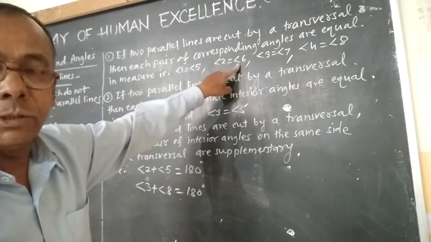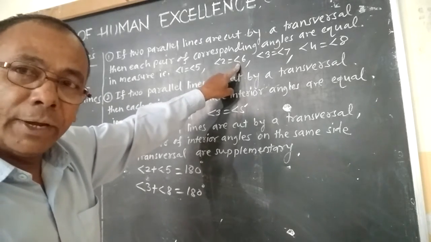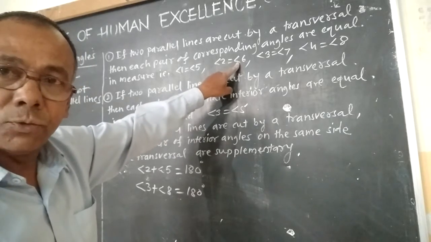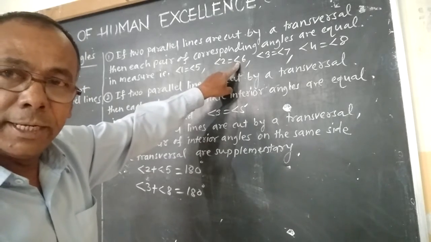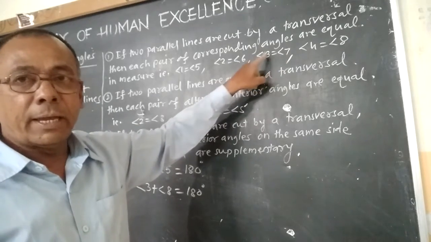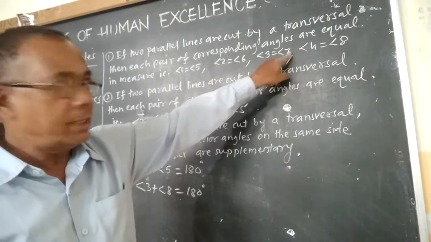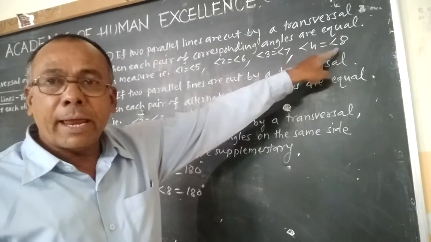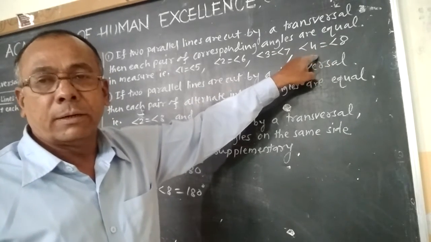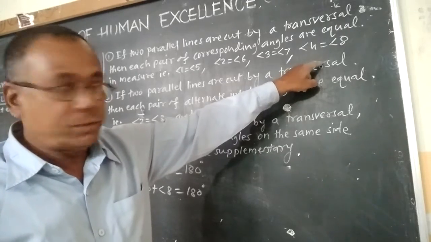Angle 2 was 120 degrees, as well as angle 6, so both angles were equal. Angle 3 and angle 7 were both 60 degrees. Angle 4 and angle 8 were 120 degrees each.